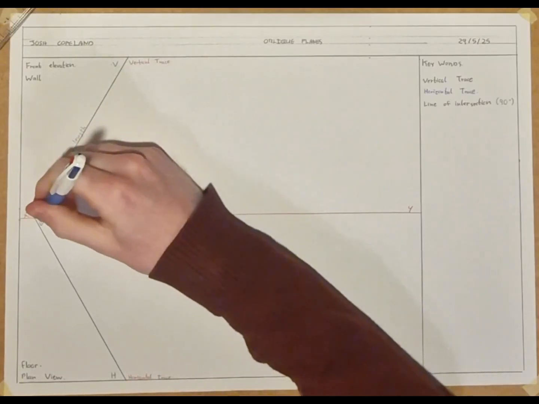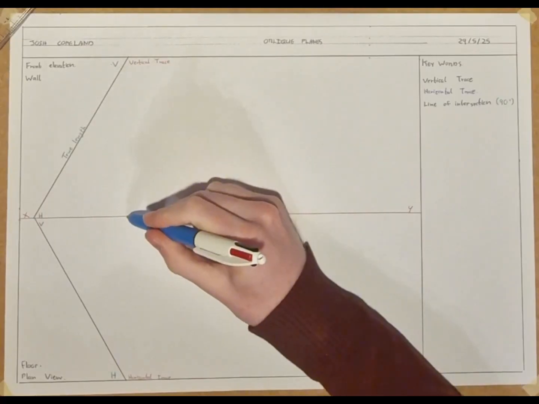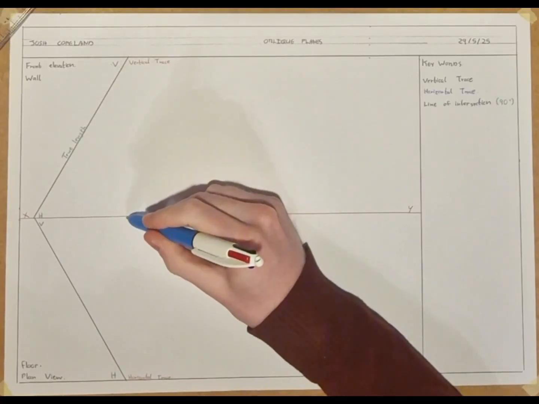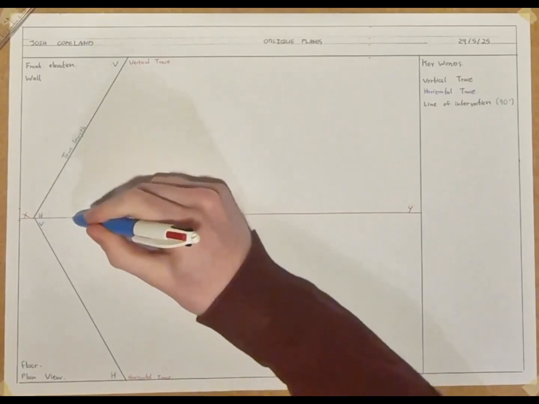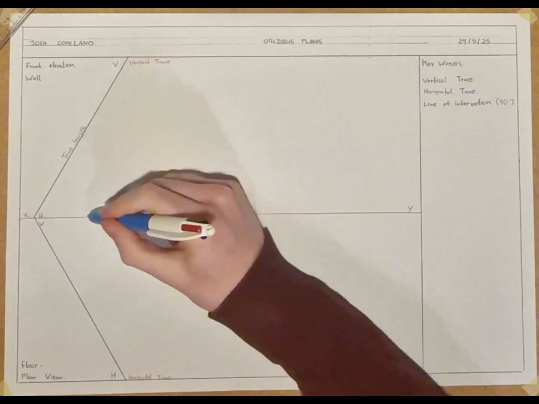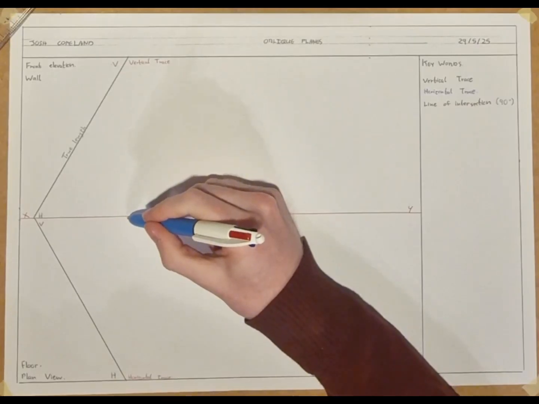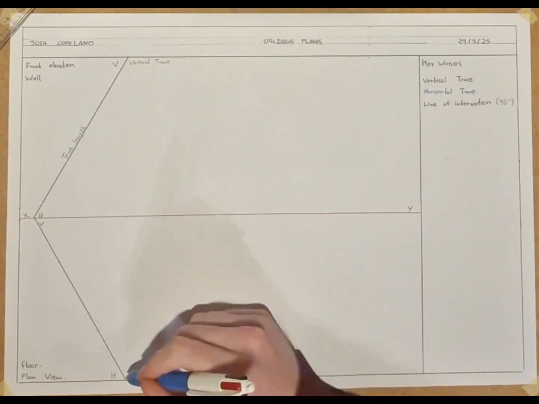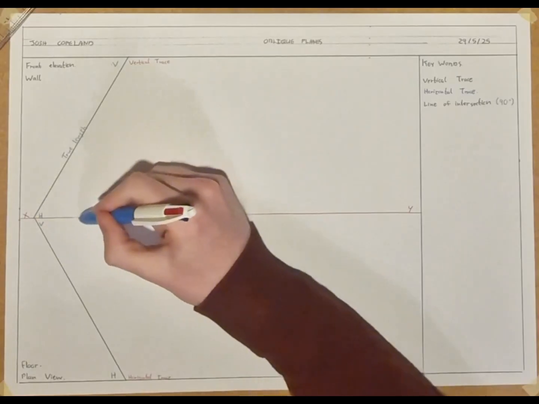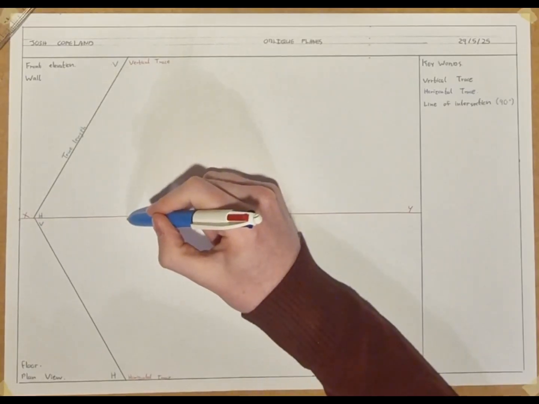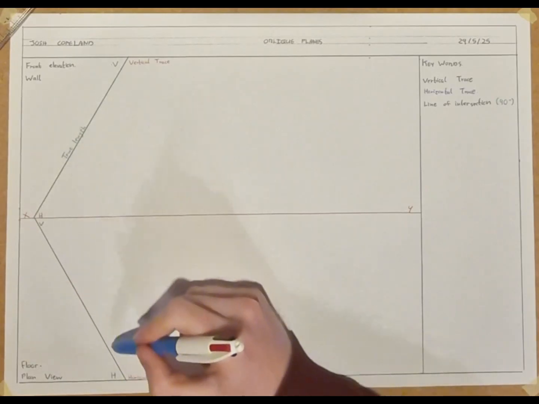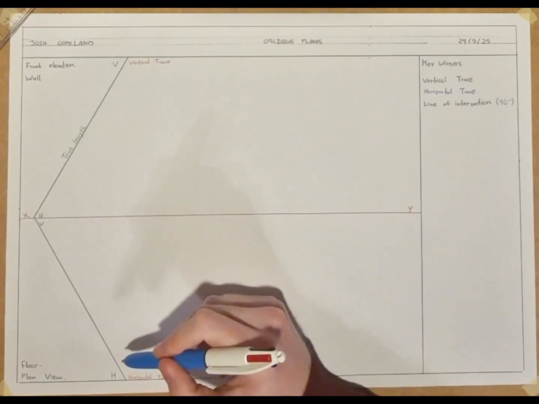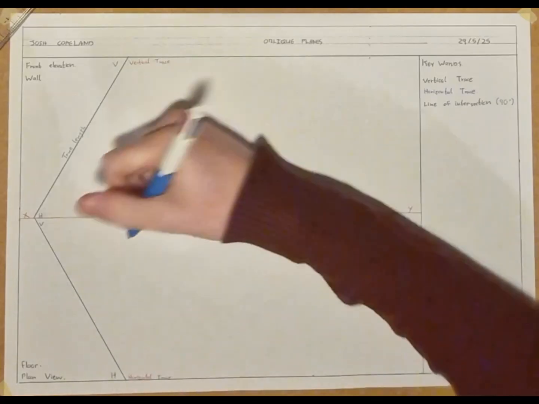So our vertical trace is coming along here, and we know that if a trace line, or if a line is parallel with the XY line, it is going to be a true length in the other view. So our vertical trace here is parallel to the XY line, therefore our horizontal trace here is also a true length. Let's write that in.